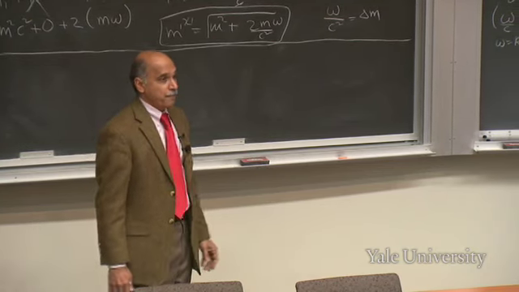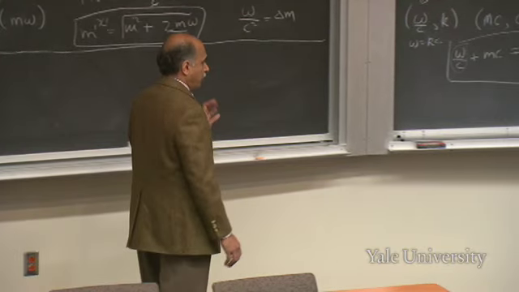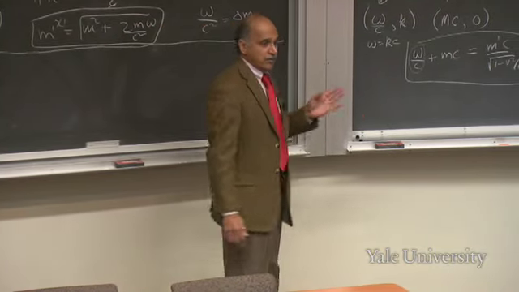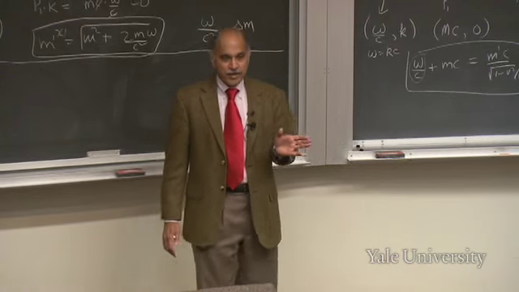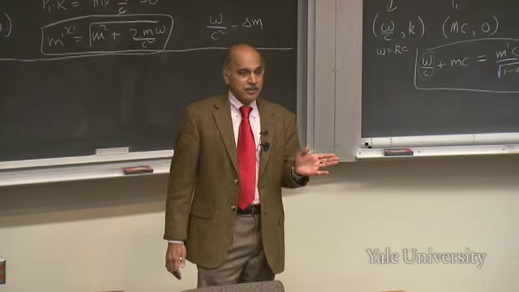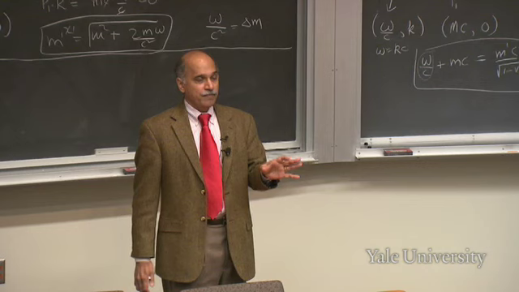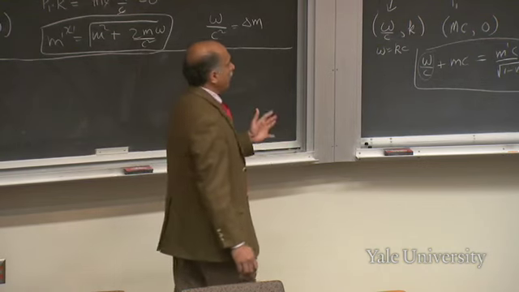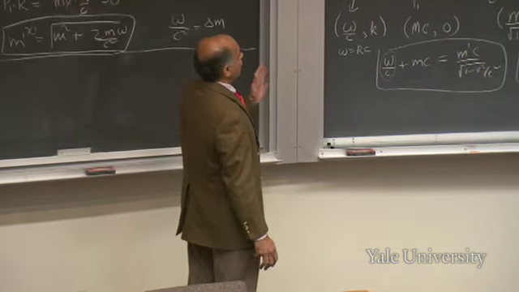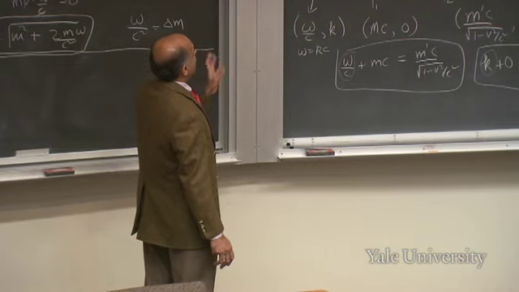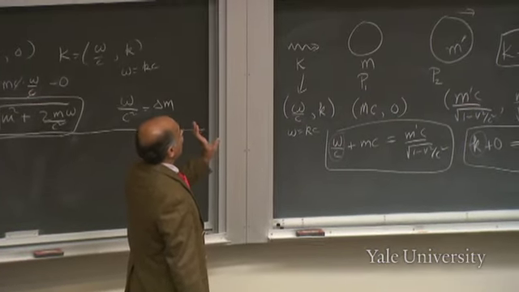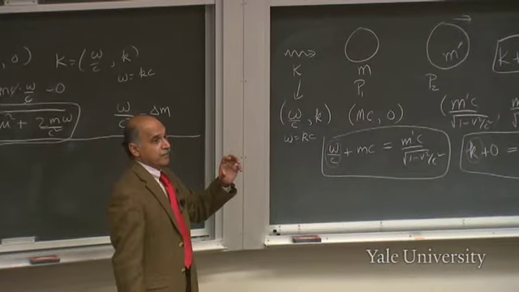Second thing, when you deal with photons, it's a little tricky. Photons have energy, photons have momentum, but energy is not mass times some velocity squared over 2, etc. They have no mass, but they have energy and they have momentum, and the condition for the photon is that the energy must be momentum times c. That will make sure that k dot k is 0.